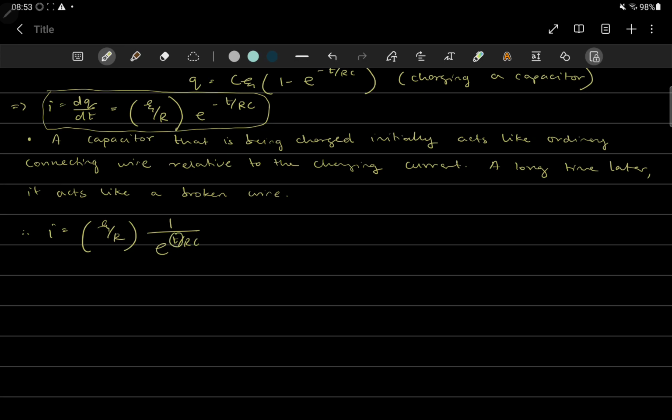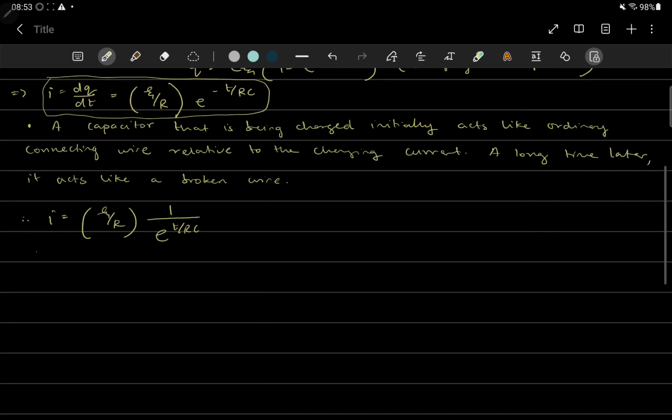So of course, if you increase t, this exponential will increase, and if you go to higher and higher t, you see that this exponential will get higher and higher, and since this is in the denominator, it will overall scale this whole expression down. So as you go to longer time, you will see that the current will start to decrease and decrease, and eventually give you some graph.